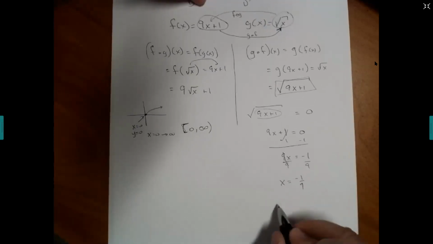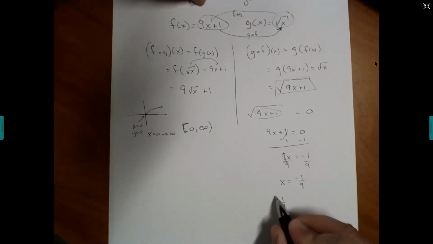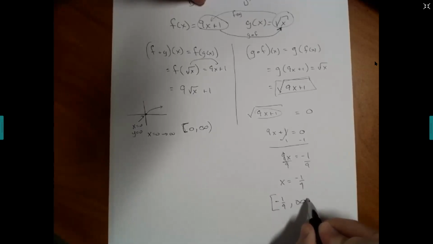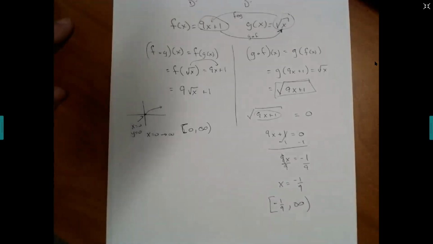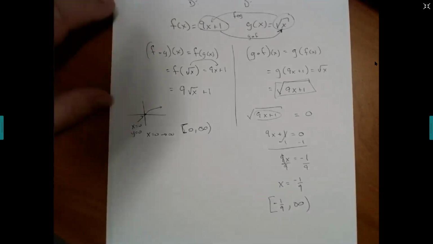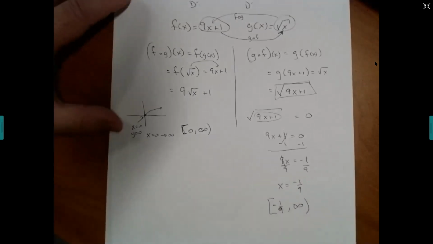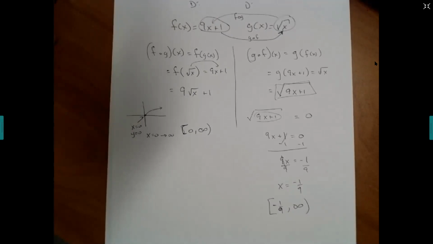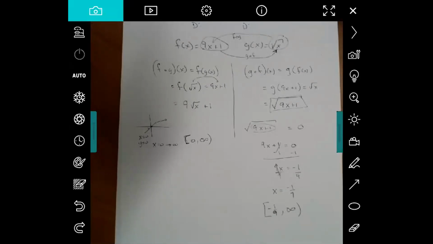That's the smallest it can be. So it goes from negative 1/9 all the way to infinity. You see how now we're starting to combine a lot of stuff we've done in the past.